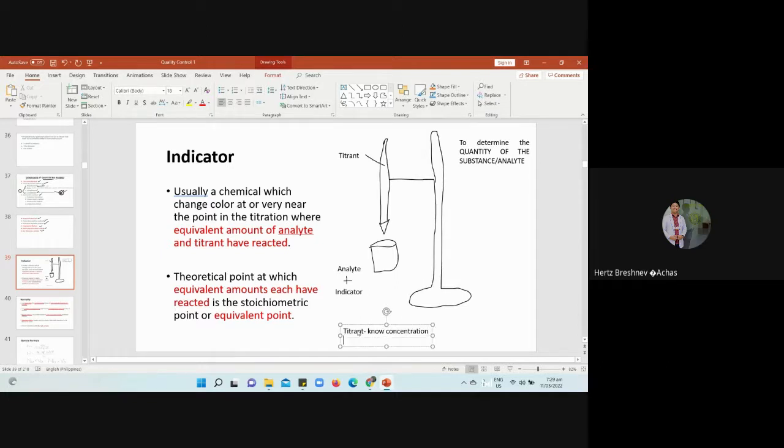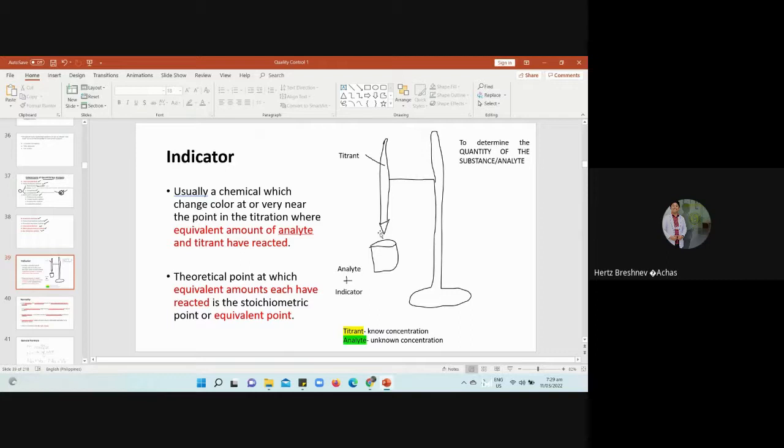And when we say analyte, unknown concentration. I hope this is clear. So, titrant, the concentration is known. Analyte, the concentration is unknown.